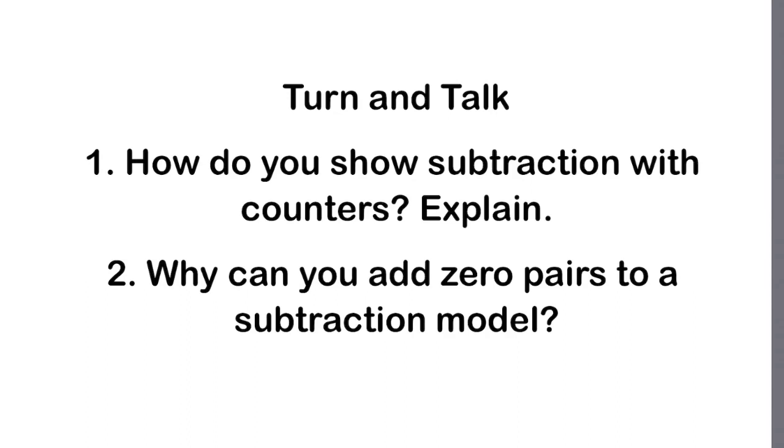You should not be using an outside voice. Make sure you are whispering. Make sure you are only talking about the question on the board. When you are done talking about the question, your voices should be off and your eyes should be turned back to the board so that the teacher knows to press play and we can continue on with our video.